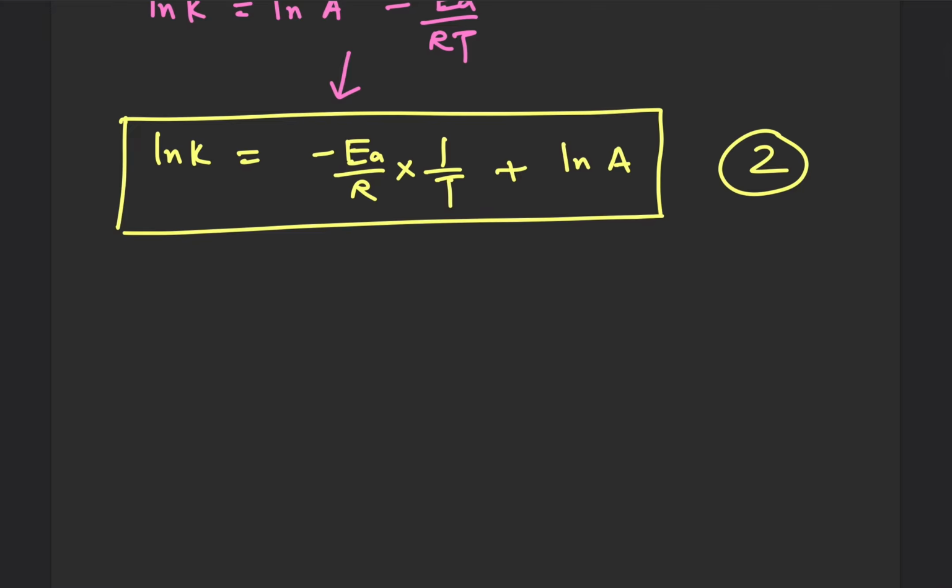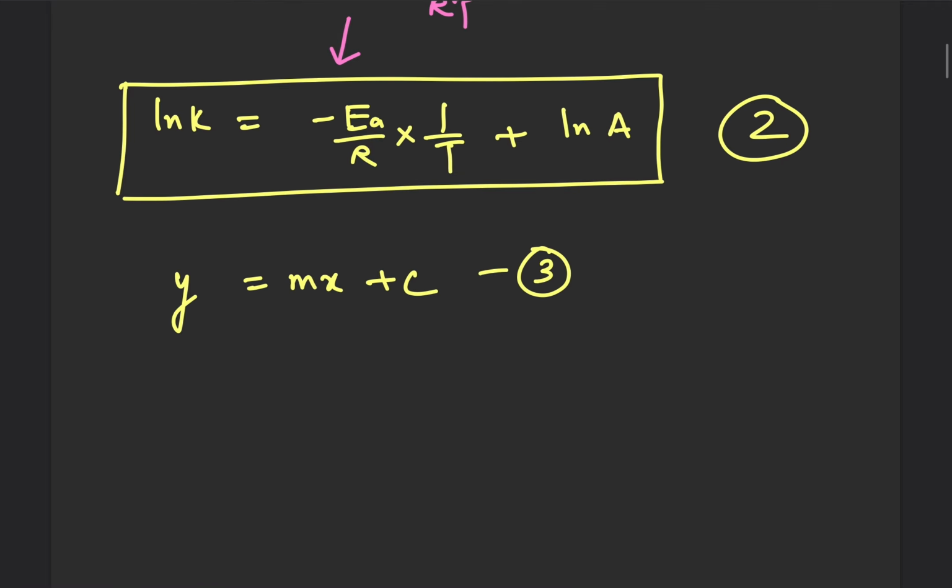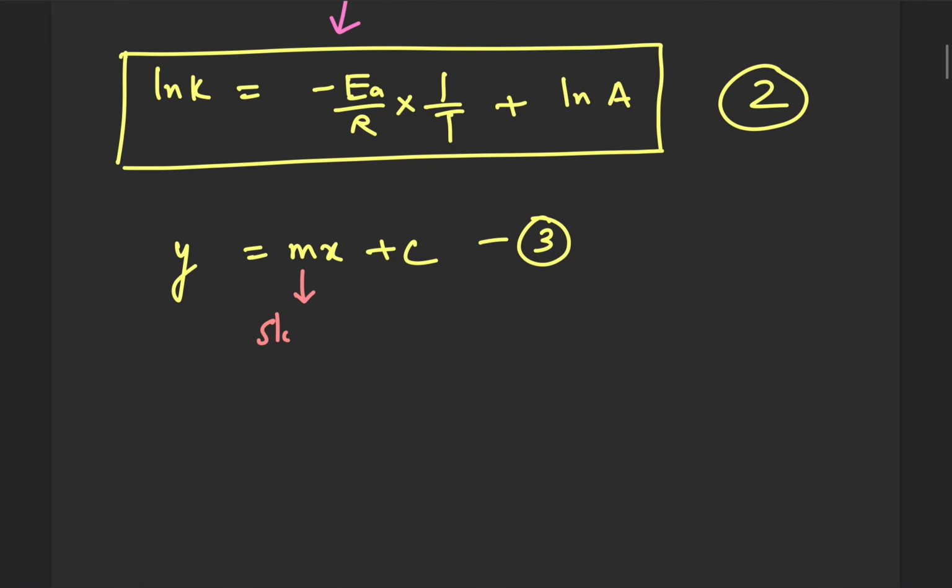Let's say this is my equation 2. Remember, the general equation of a straight line is y is equal to mx plus c. Let's say this is equation 3, where m is the slope of the line and c is its y-intercept.